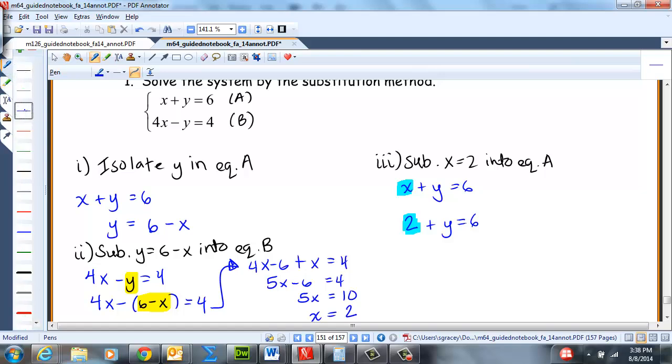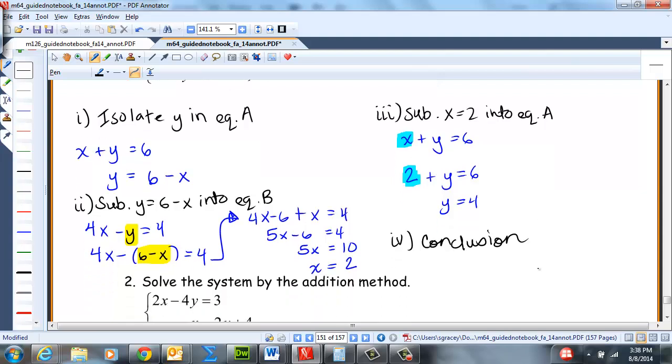Then when you isolate y, you get y is 4. The fourth step would be a short conclusion. In this case, the conclusion is that we found the ordered pair (2, 4), which is where these two lines intersect.